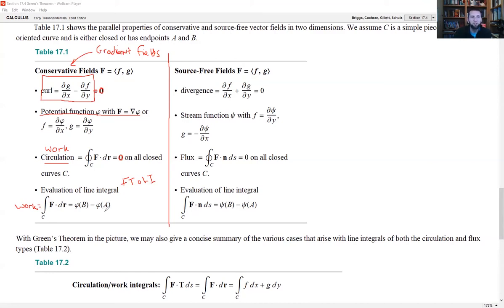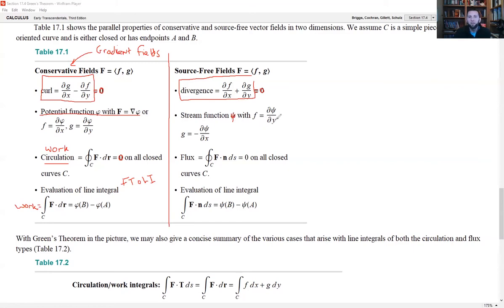That's for conservative fields. So for source-free fields, these would be places where the divergence is equal to 0. And again, this is the 2D divergence. We'll talk about divergence later with 3D. So in source-free fields where the divergence is 0, we have this new function, psi, which is our stream function.